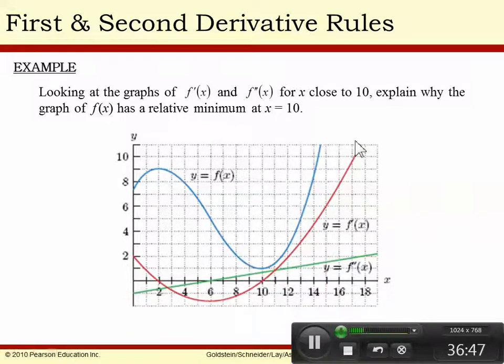Now what we're going to do is look at the second derivative. The second derivative is a straight line. It still tells us information about the function.